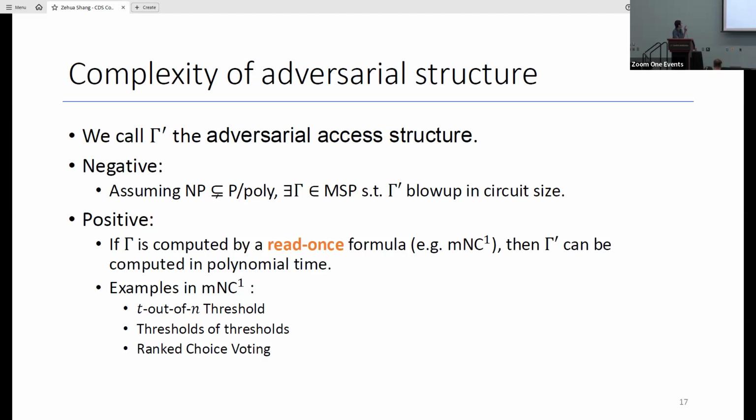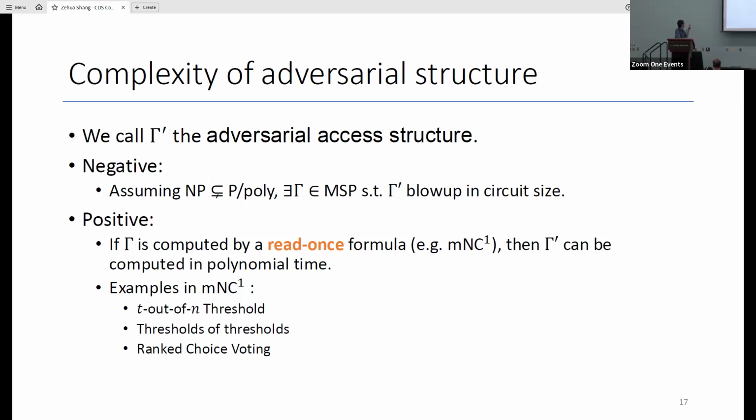And on the negative side, we prove that if we assume that NP is not contained in Q-such poly, then for some access structure gamma in a monotone span program, the adversarial access structure will blow up in the circuit size.